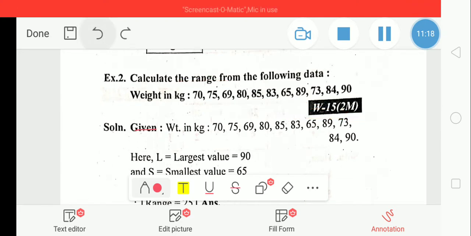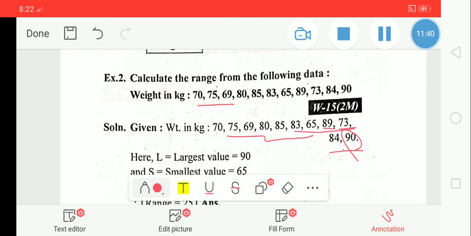Given that the weight in kg is 70, 75, 69, 80, 85, 83, 65, 89, 73, 84 and 90. Here 90 is the largest value and the smallest is 65.